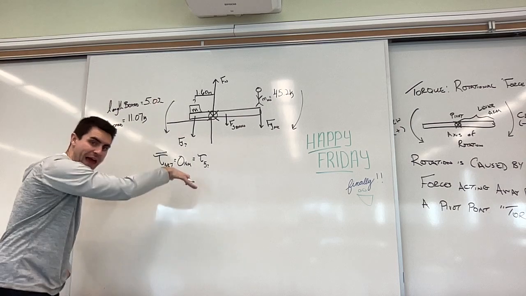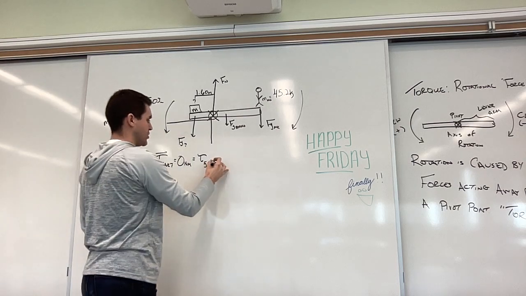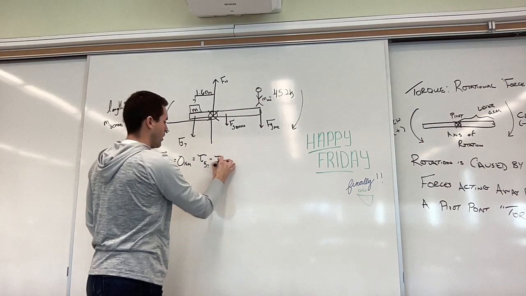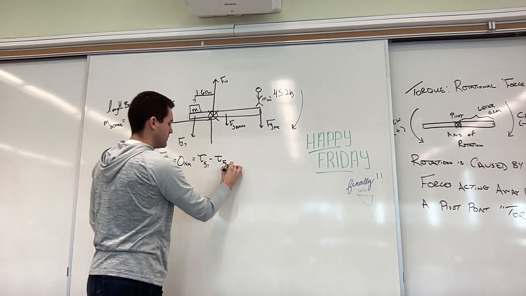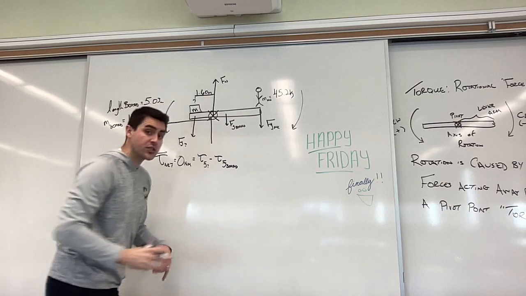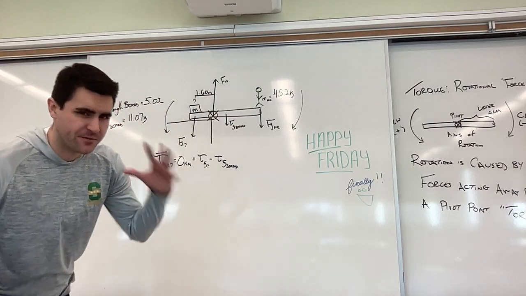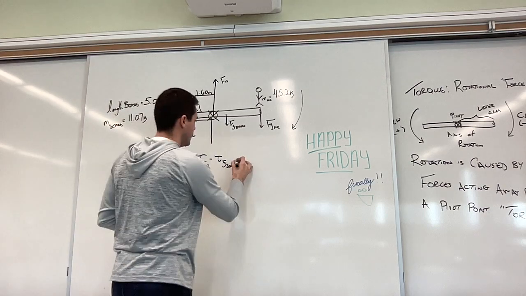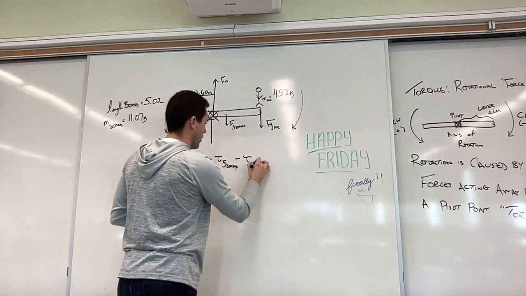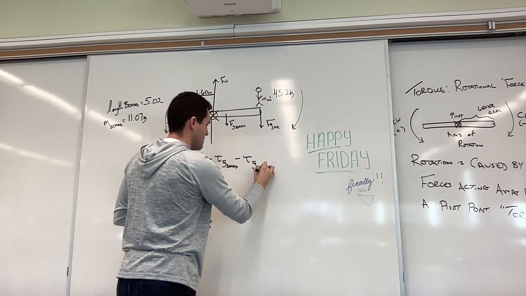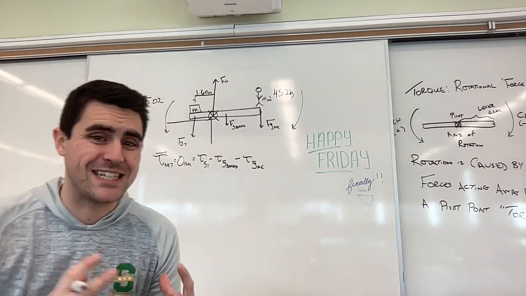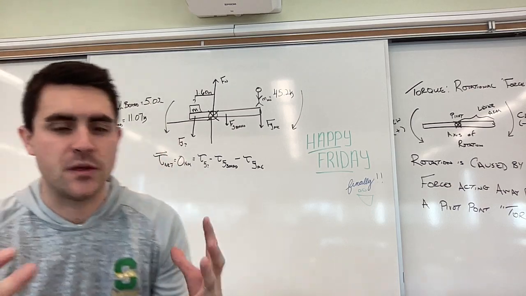That's a torque. That torque could cause some counterclockwise rotation. Let's subtract the torque from F_G of the board. Again, it's not force that causes this. It's force at a distance. That's a torque. Don't write forces. Minus the torque from me, F_G me. These are the 3 torques that could cause this thing to tip. They need to be balanced.